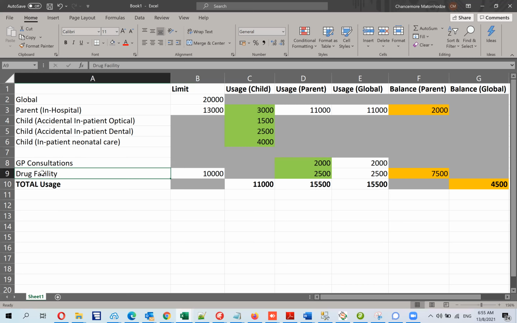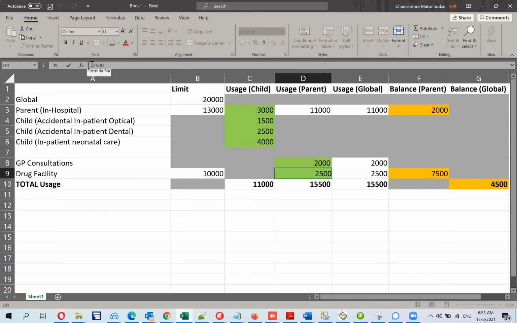We don't want to have too many lines to be difficult to follow. So we're going to have another $2,500 prescription. So it's equal to 2,500 plus 2,500. So usage on global has come up. Usage on this drug facility limit has now been knocked off, and the balance on global has also been affected. It is now down by 2.5, so it's now 2,000.